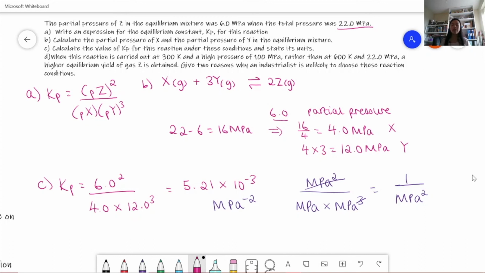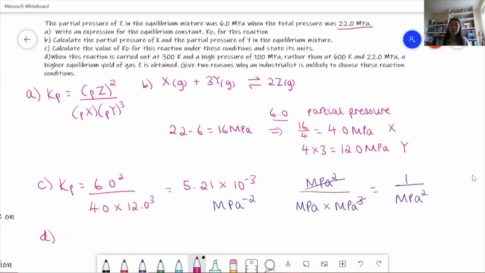So if we use a very low temperature, that means that basically the rate of reaction is very slow because there's less collisions per unit time, and so it costs quite a lot for the people running the reaction to be able to produce the products. And also for the pressure, if we use a very high pressure, then it's actually quite a big safety issue, and it also does cost a lot.